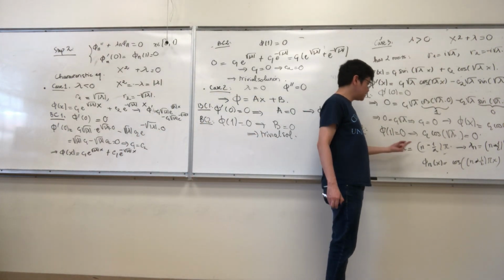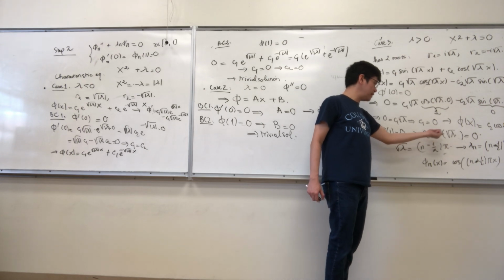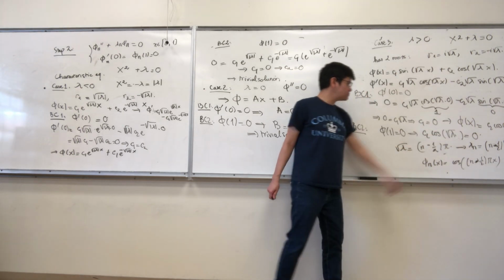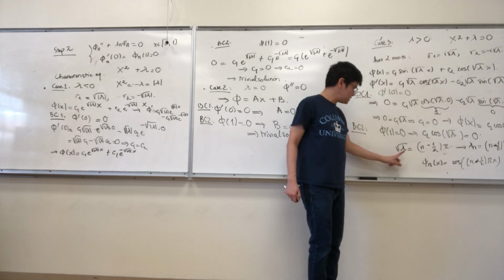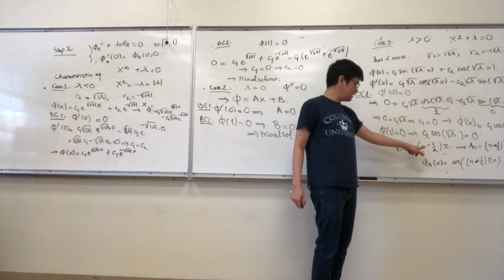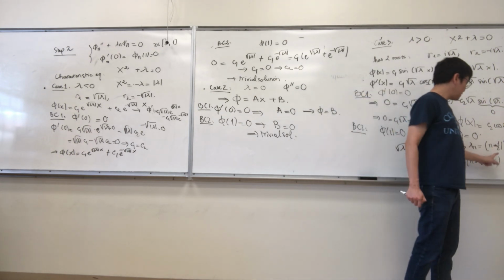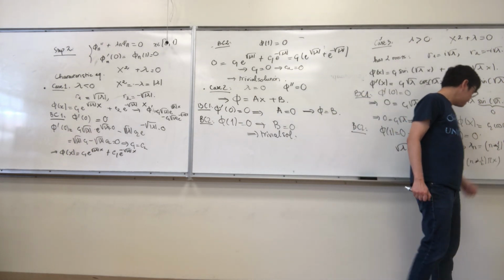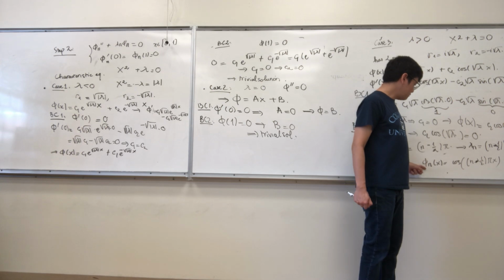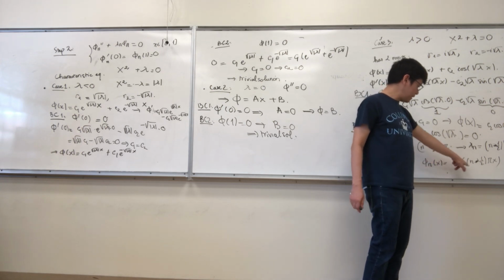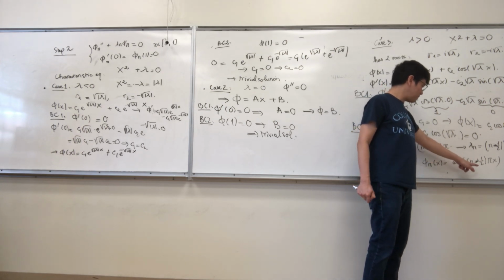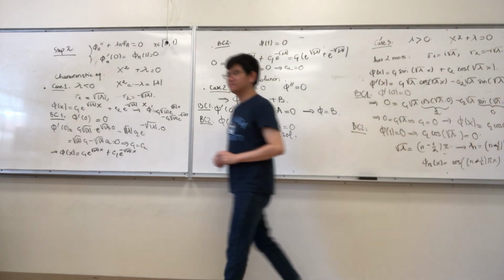So phi 1 is 0 means that cosinus of square root of lambda is 0, which means that square root of lambda is n minus 1/2 pi. So lambda n will be n minus 1/2 squared pi squared, and the eigenfunction will be cosinus of n minus 1/2 pi x. Questions?